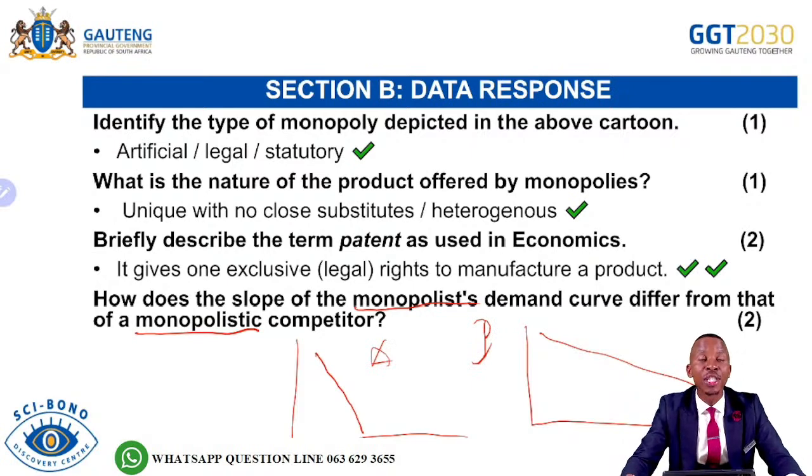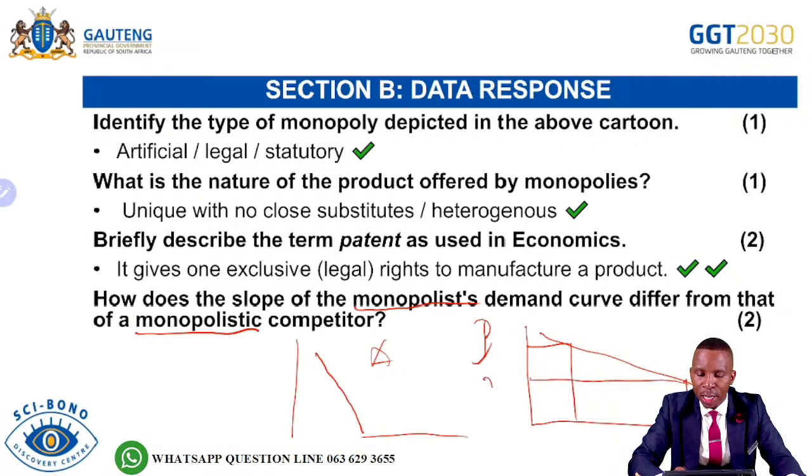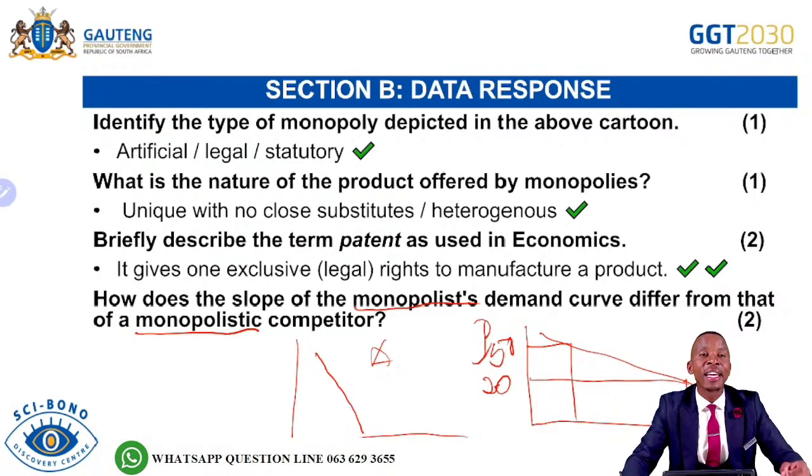This was graph B. It is for monopolistic competition. Remember, when we talk about the characteristics of monopolistic competition, we say there is free entry. Businesses are free to enter and leave the market. So in this case, if a business is selling maybe at 20 Rand, consumers are demanding 200 units. If the business decides to increase the price to 50 Rand, consumers will quickly react to that and demand less of that particular product, because within the market there are some substitute goods.